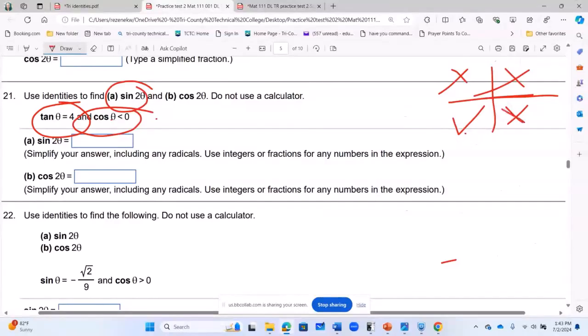Cosine is negative, so the angle is not in the fourth quadrant. If cosine is negative, the angle is also not in the first quadrant. If cosine is negative and tangent is positive, then the angle is not in the second quadrant. You want to be able to do this elimination. You want to really be able to do this elimination before you start doing it.